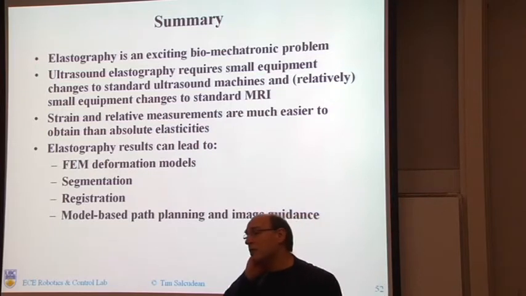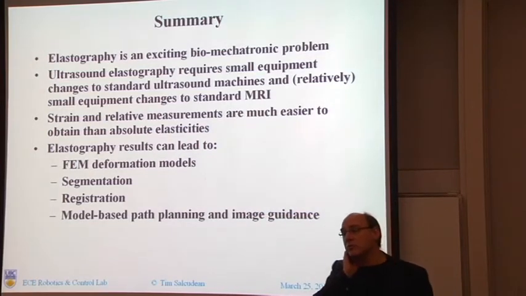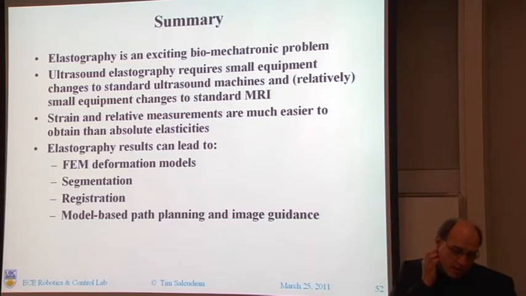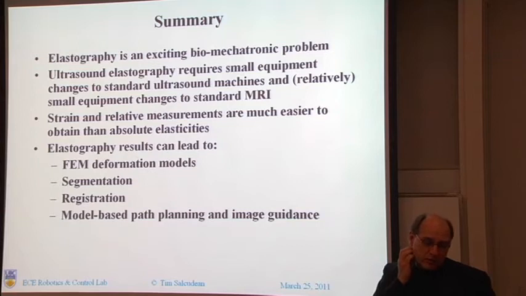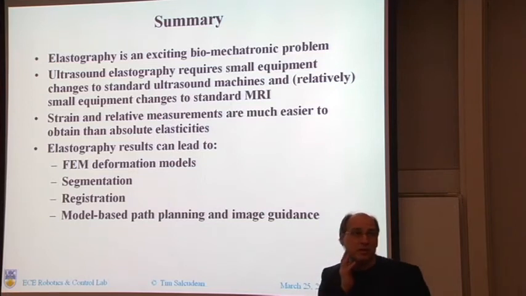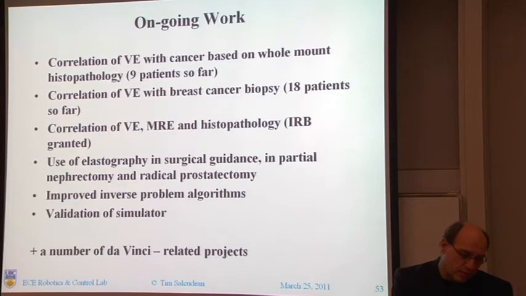It's amazing that you can actually image micron level waves going through the body with MRI and with ultrasound. You can use just strain to give you a flavor of what the elasticity is, but then you get artifacts. You can use model-based inversion to get more sophisticated images that have quite a few applications.